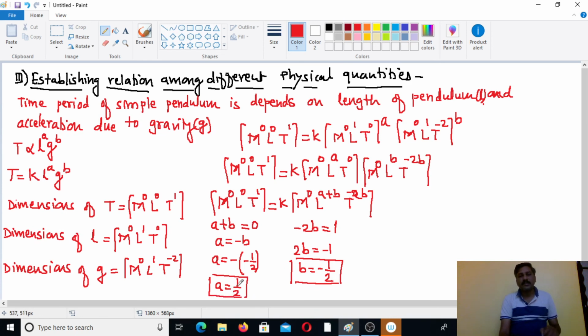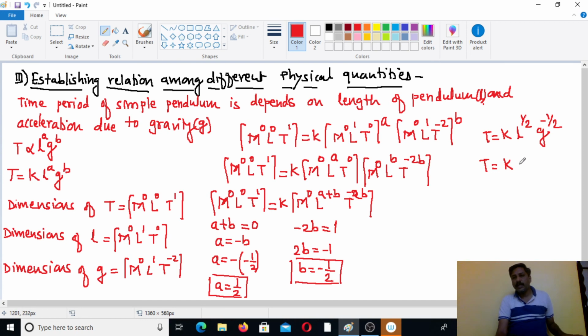Using these relations a and b, can I write the same thing here, that T equals K as it is, L raised to plus 1 by 2 and g raised to minus 1 by 2.